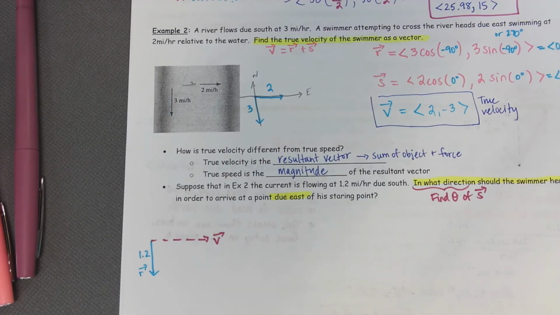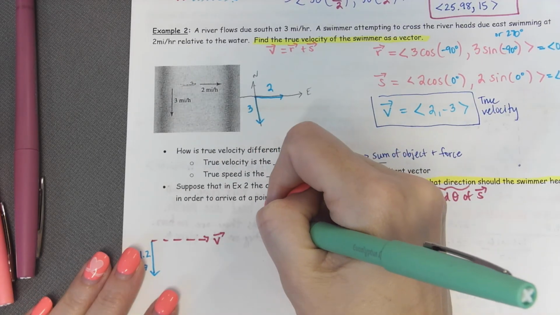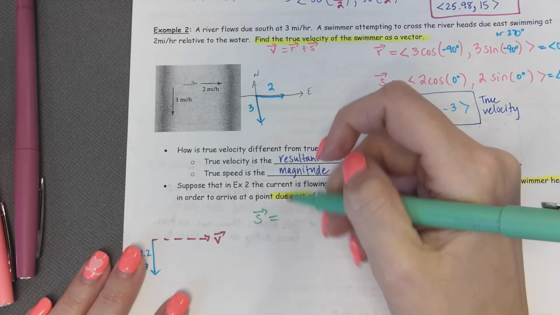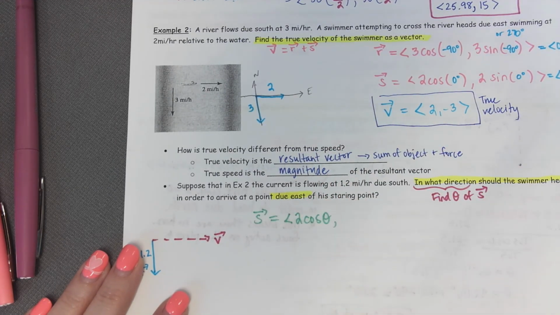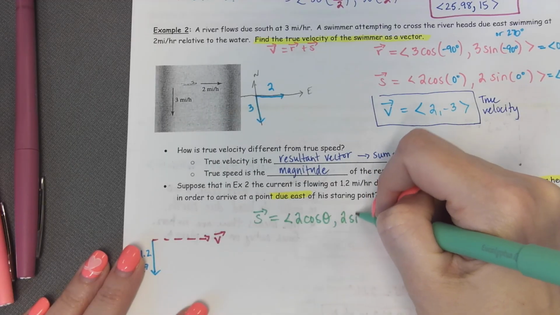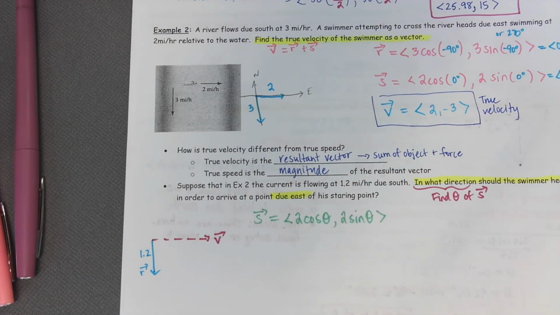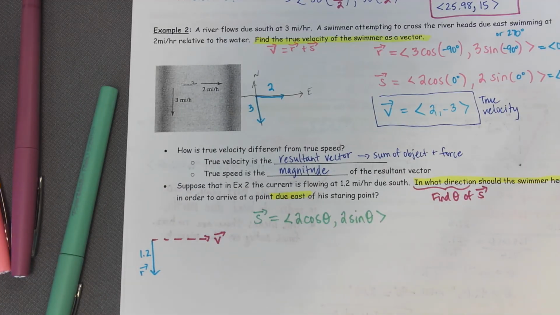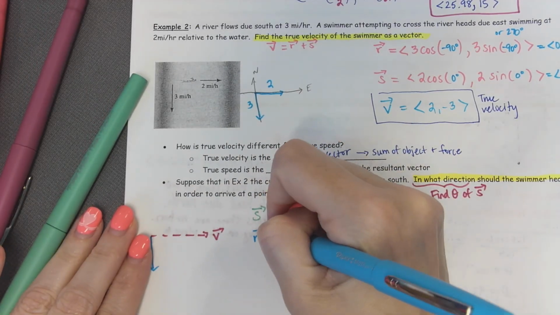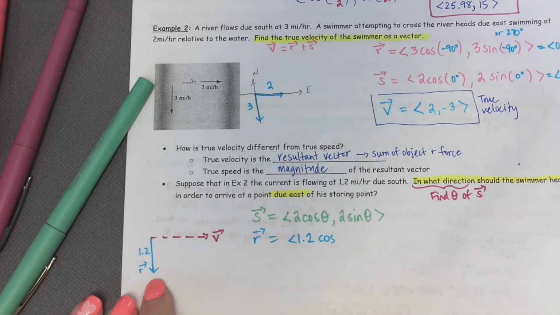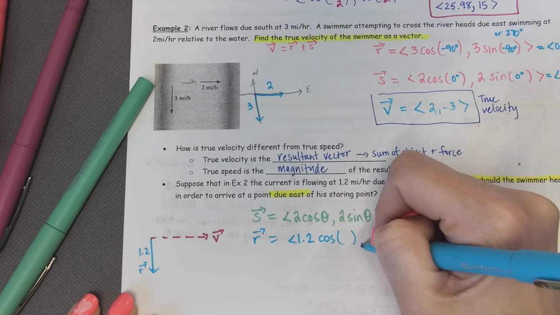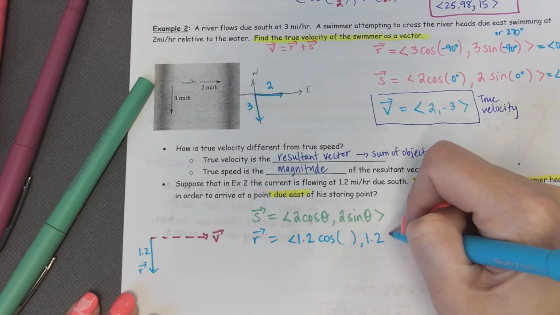Okay, so the swimmer, we don't know what the theta is. So all we have is the magnitude, which is the speed: 2 cosine of theta, 2 sine of theta. The river we do know because we know that the speed is 1.2, and then based on the position, if it's going south, what did we say that angle is? We just did it.